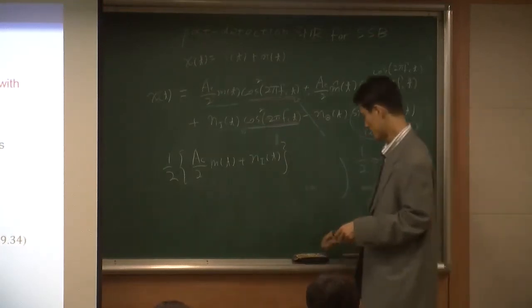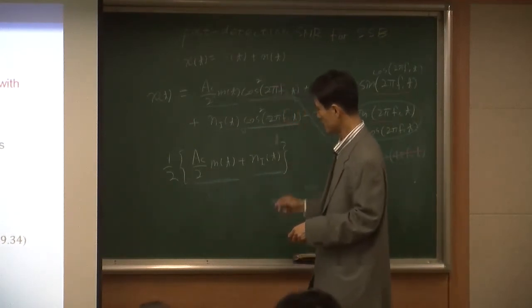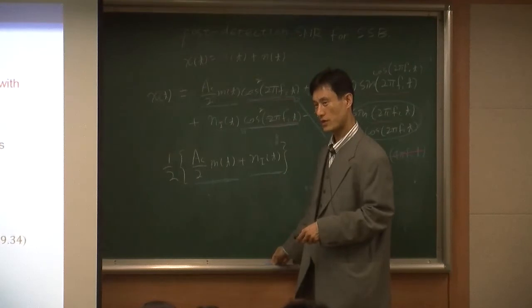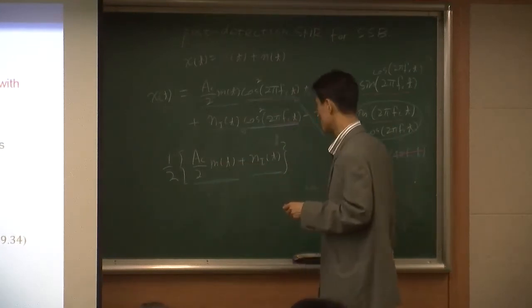So we have a signal part. This is a noise part. Now, next thing to do is signal part square, take expectation. That's a signal power.